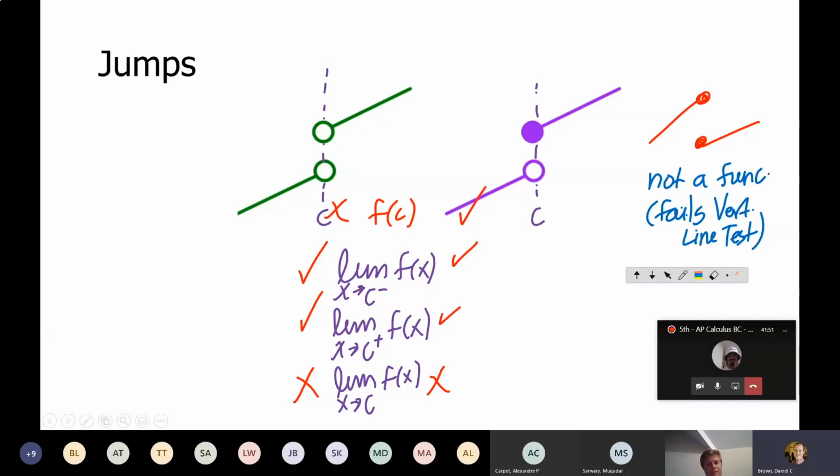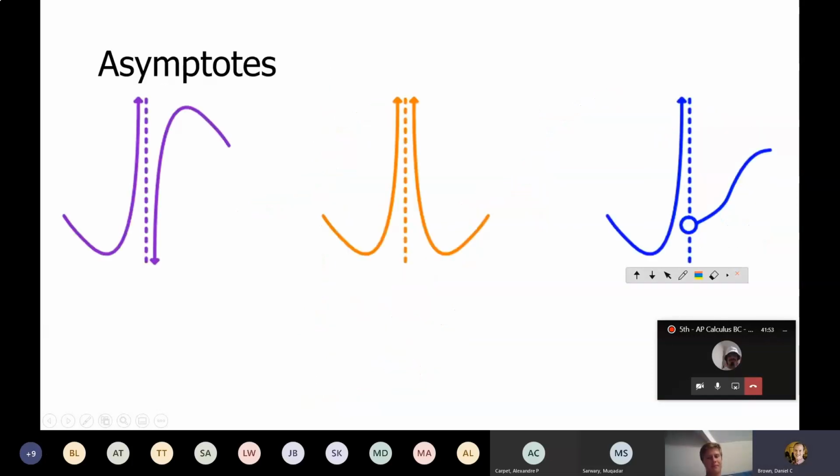All right. Then we have asymptotes. Looking at these three graphs, these are three different types of vertical asymptotes. We'll call them 1, 2, and 3 going from left to right. Do any of those three have a limit when you're considering it from both sides?